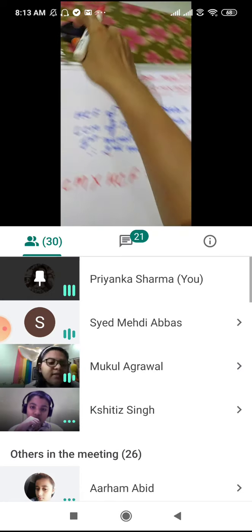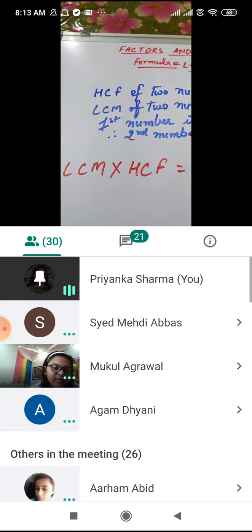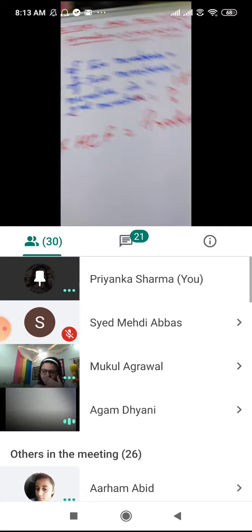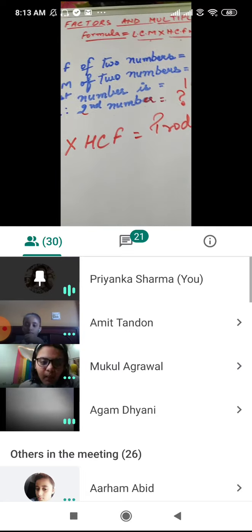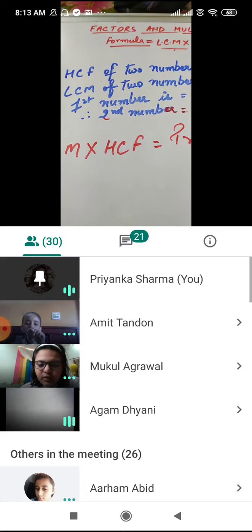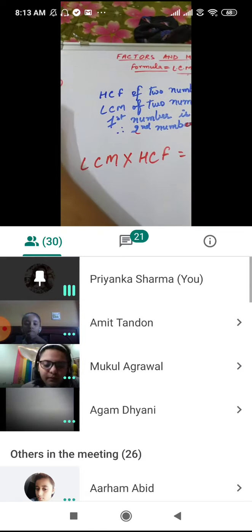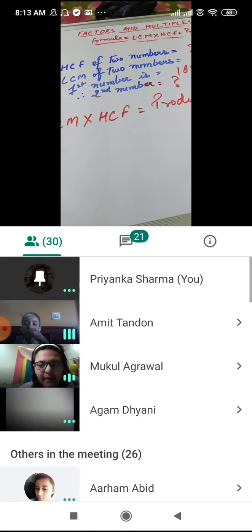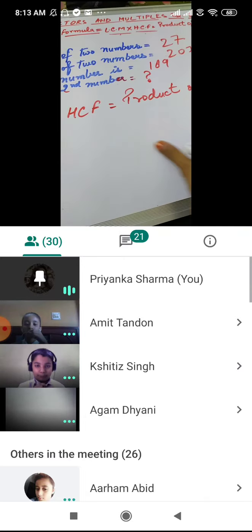Okay, we are going to correct it. Doesn't matter. How much is the HCF? 27. How much is the LCM? 2079. Here it was written. Now we know how we have to solve it.